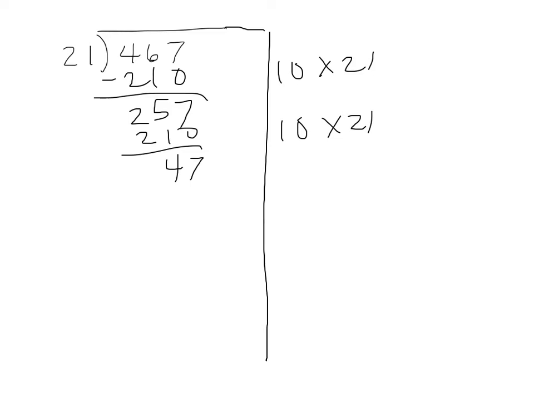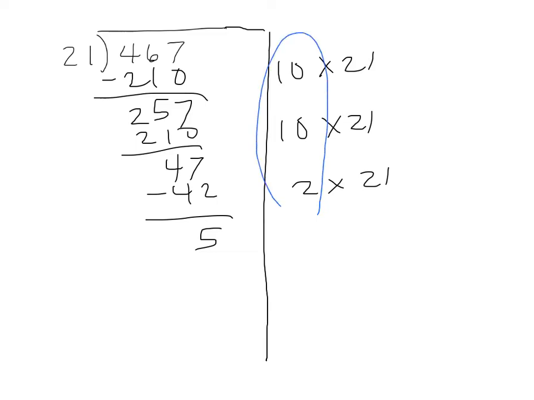Looks like I can take out 2 times 21. That would be 42, and I have a remainder of 5. Now I can add these up, and my answer is 21 remainder 5. And that's great for elementary.